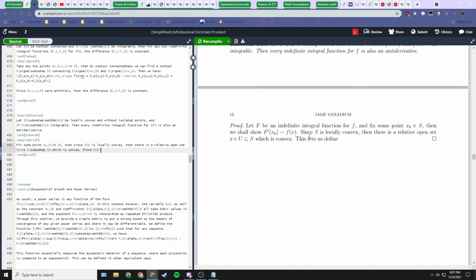Since U is convex, then use contour connected.